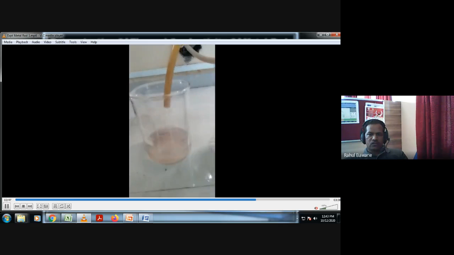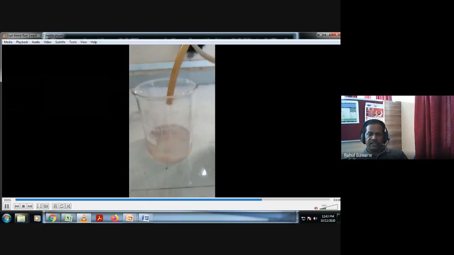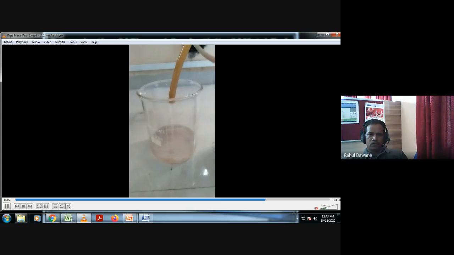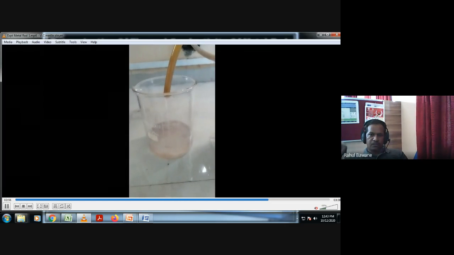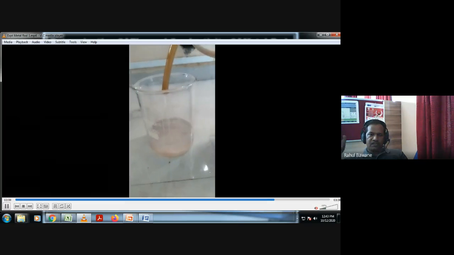For 1 minute, 300 to 400 ml water should be there, not less than 300 ml or more than 400 ml. So for this particular experiment, I maintain 300 ml. I note down the time on the stopwatch, how much time is required to fill the 300 ml, and that will be our flow rate of water.